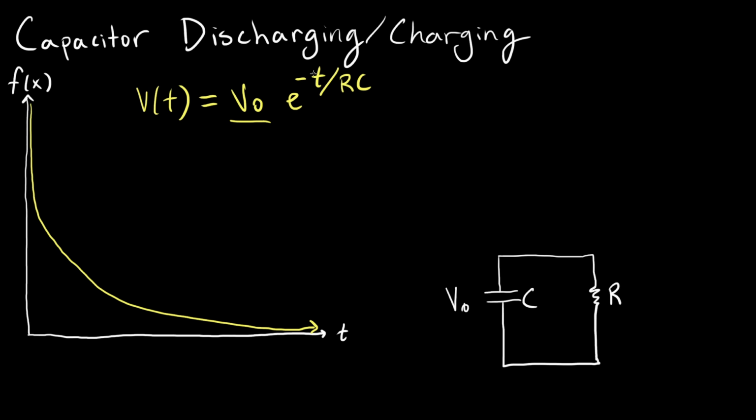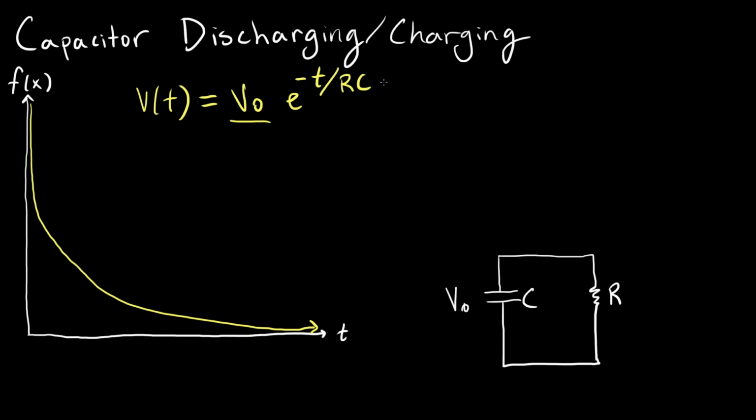We could learn more about this equation by trying a few points for t. For example, when t is equal to 0, e to the 0 is 1. So the voltage at t equal to 0 will just be V naught, which makes sense because there was no time that passed for the capacitor to discharge anything.